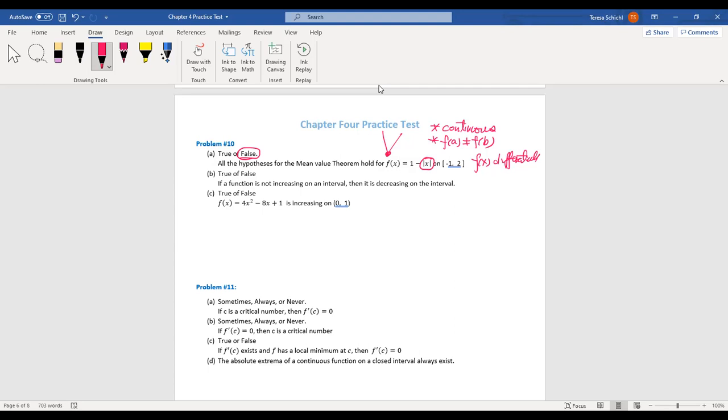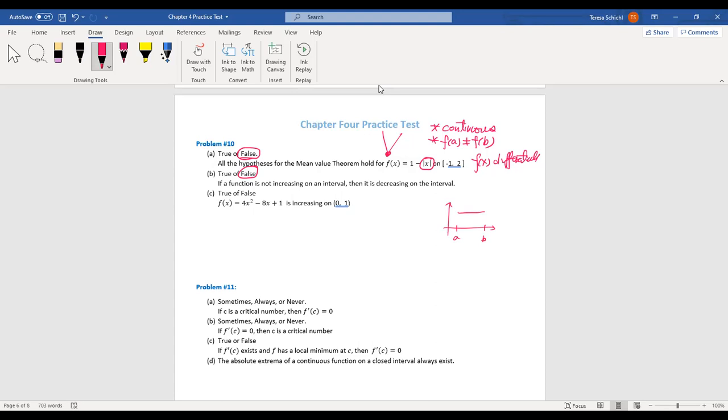Okay, so part B, let's say, if a function is not increasing, then it is decreasing. It's what? It's false, not necessary. So in these intervals here, like in a to b, I can have a flat function, right? So this is a constant function. So this function is not increasing, but it's not decreasing either.